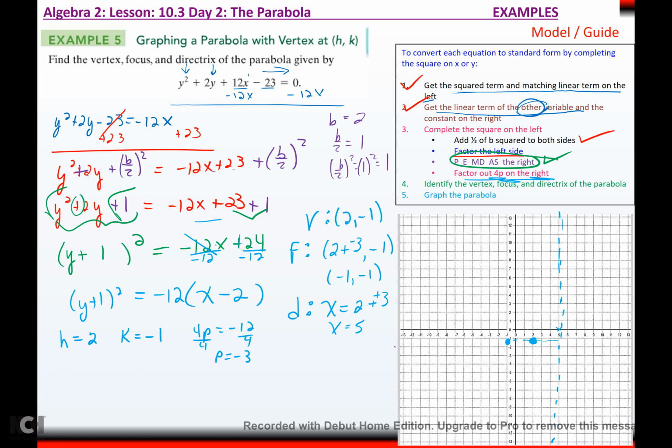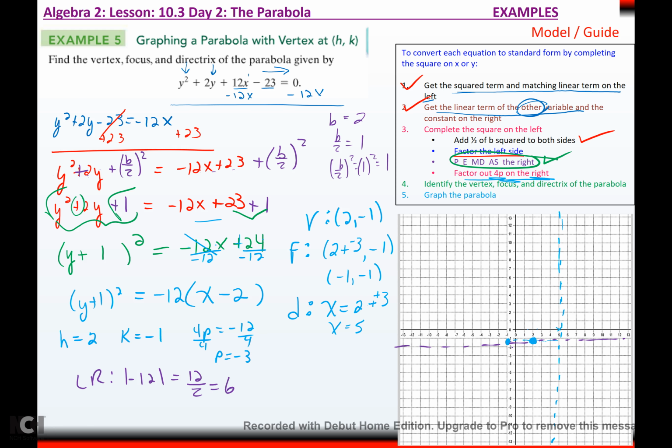We didn't graph the axis, but there's always an axis through the focus and the vertex. So my latus rectum is going to be the absolute value of negative 12, which is 12. Cut that in half, and you get 6, which means from my focus, I'm going to go 6 up and 6 down.